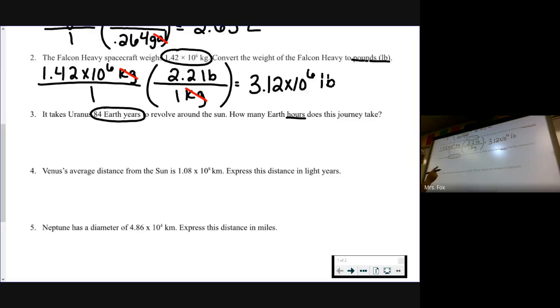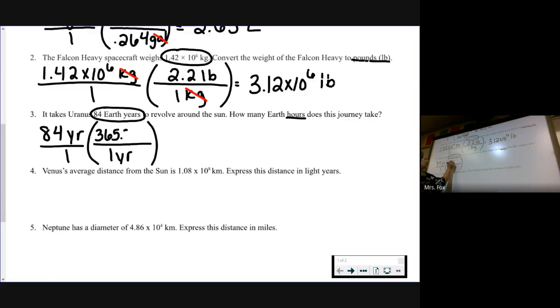I don't have an equality, so I need to use 2 fractions. So I start with 84 years over 1. I want to get rid of years, so that means I must have it in the bottom. 1 year, and it's equal to 365.25 days. My years cancel.